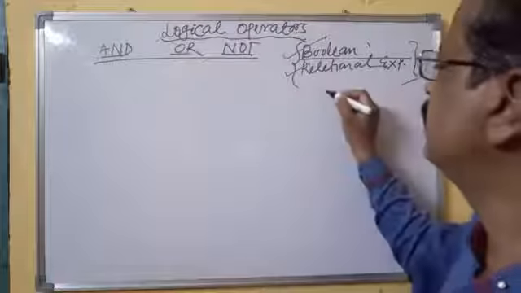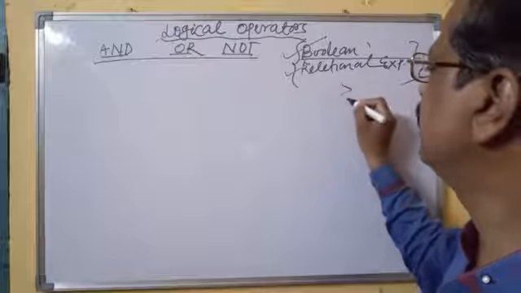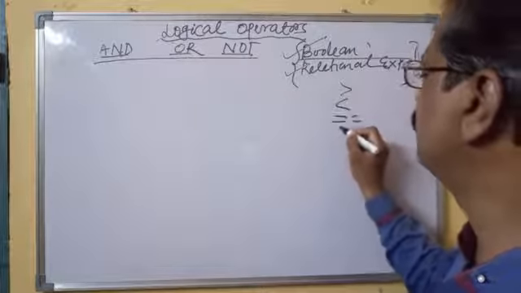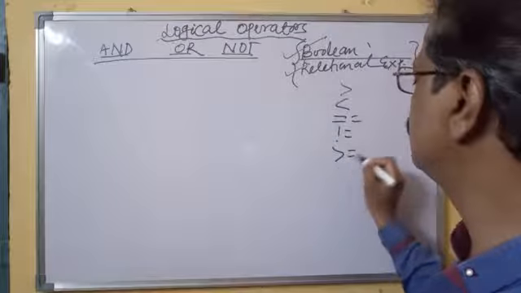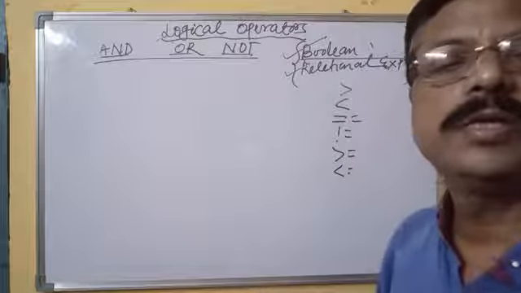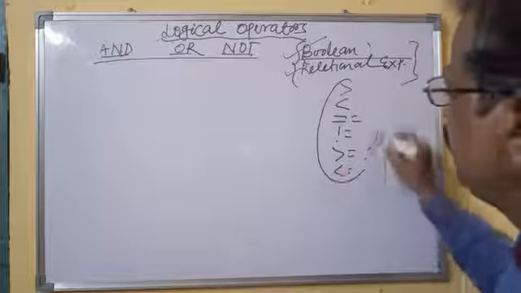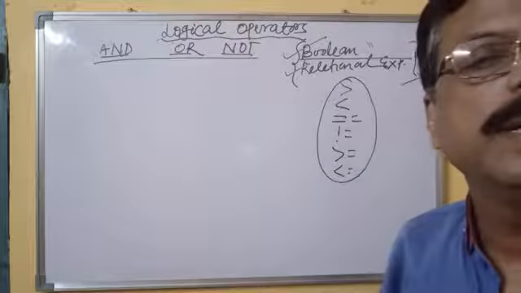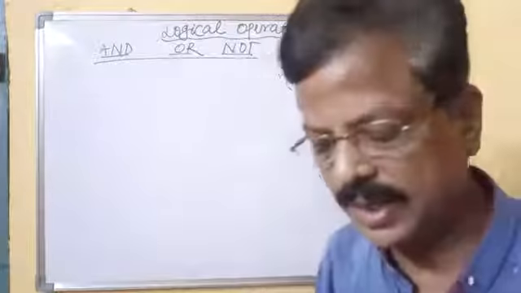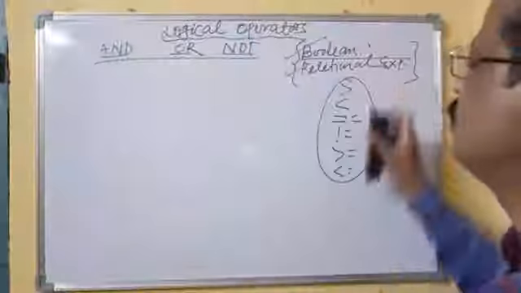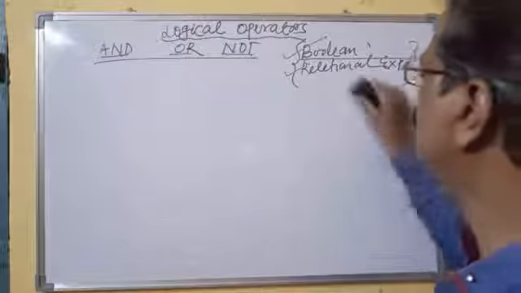Relational expression means where there is greater than, less than, equals to, not equals to, greater than or equals to, less than or equals to. Wherever these operators are used, that is called a relational expression. So these relational expressions can be used with the logical operator.